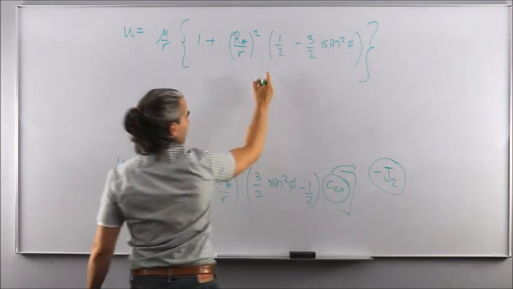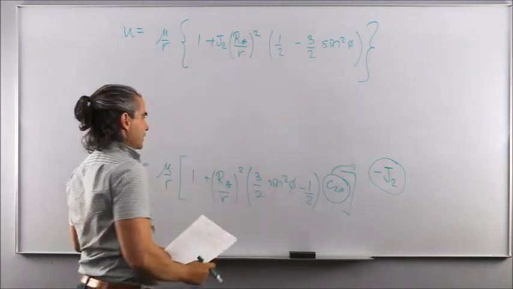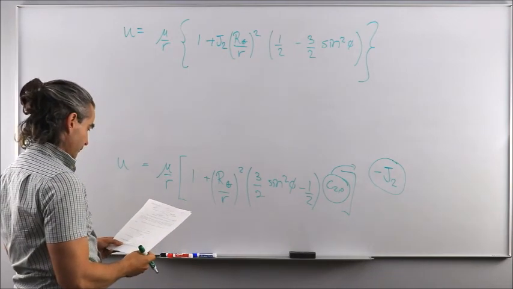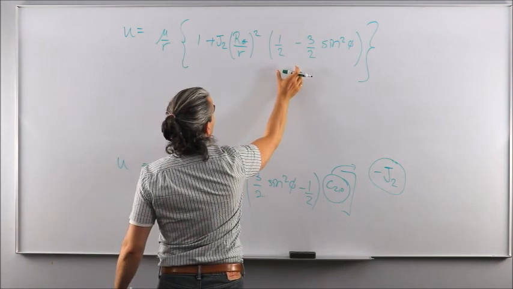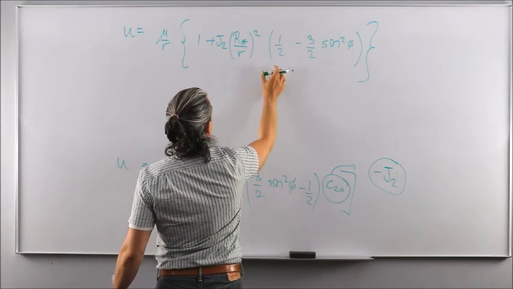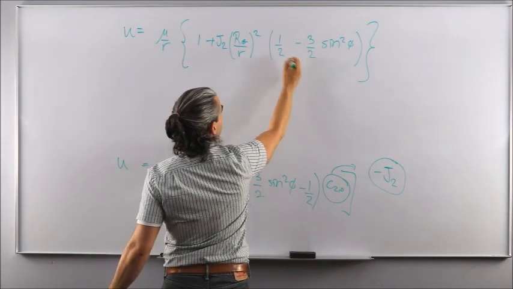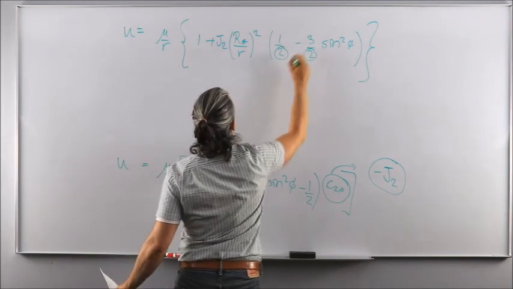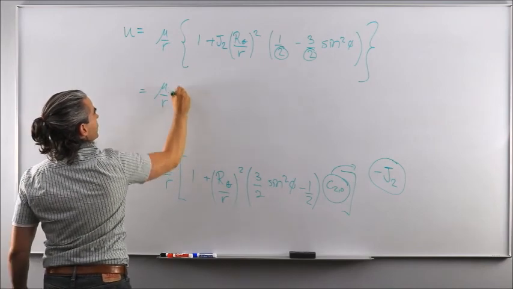Close this, and don't forget to insert the J2 coefficient in front of this. I can factor the 1/2 here and just clean that expression a bit.